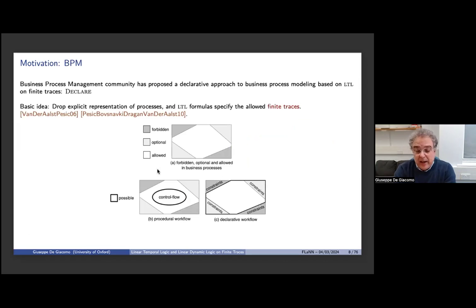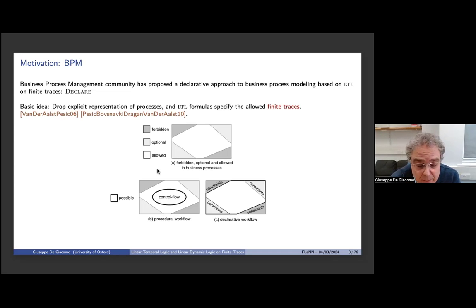There is another area in which finite traces are also very important, and that is business process management. In business process management, they talk about processes, and these process instances are all guaranteed to terminate. They start at a certain point and then terminate after a certain number of steps. So they are always focusing on finite traces as well.